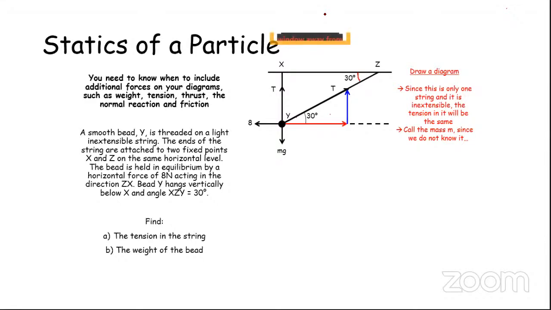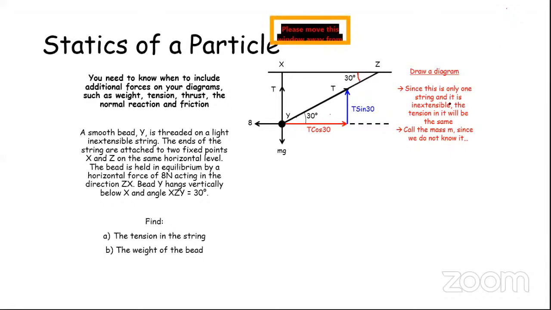Yes, Faith? It will be T sine 30. T sine 30. Sharon? Okay, so it will be T sine 30. And the adjacent, the horizontal one, will be T cos.